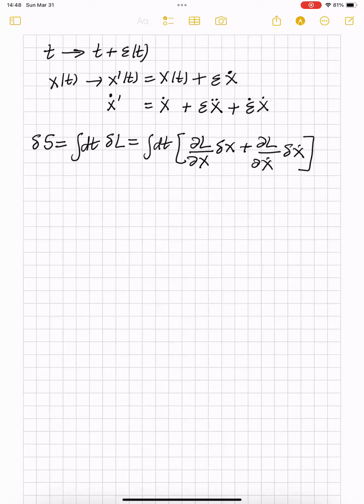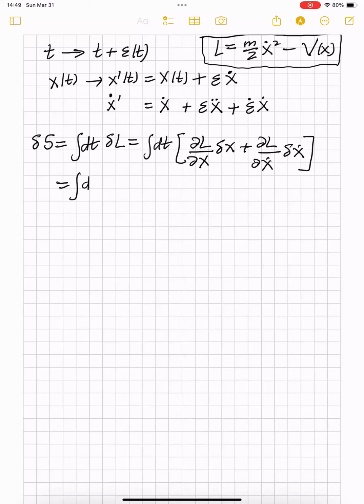Let me just remind you, the Lagrangian that we're studying is for a particle moving in a potential, and that's the form of the Lagrangian sitting over there.